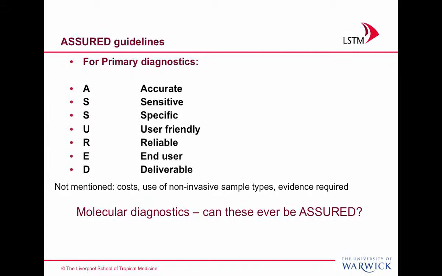A diagnostic tool might sit in customs for several weeks, months, so they should be able to withstand that. They should be end-user minded, and they should be deliverable. Not mentioned here is the cost and the invasiveness of your sample type and the evidence required for implementation.